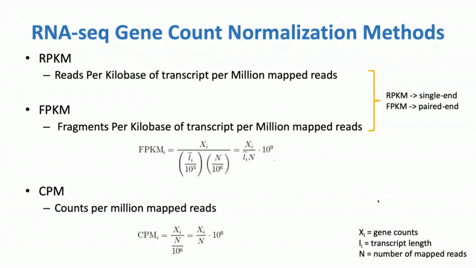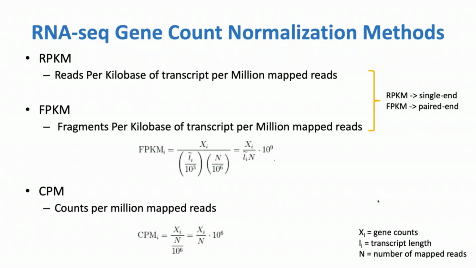Here the length of the transcript is Li for transcript i, and then we have Xi. To be accurate, this is still all on a transcript level, so this would be the counts associated to a transcript. What we basically do is divide the number of reads by the length of the transcript, and then we also normalize it by the total number of reads in the file.